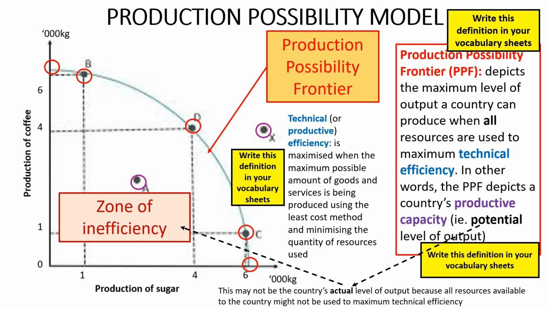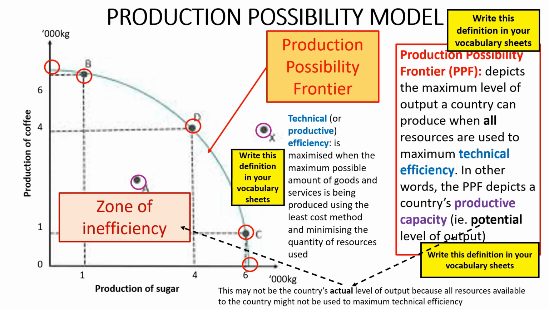So, each output combination that is located inside the production possibility frontier is an output combination that is produced when the country's resources are not being used with maximum technical or productive efficiency. In other words, the country is underutilizing its resources. It is not making full use of them.